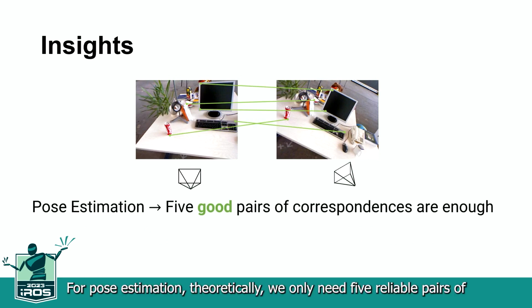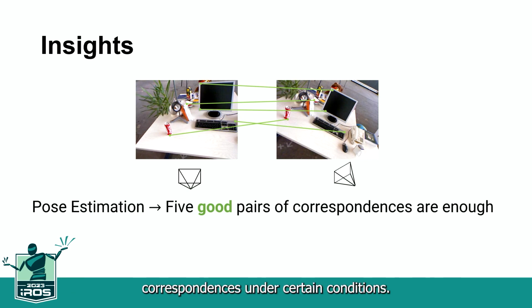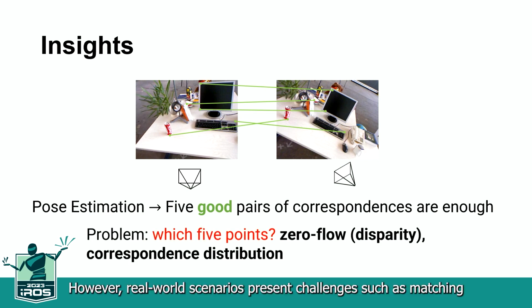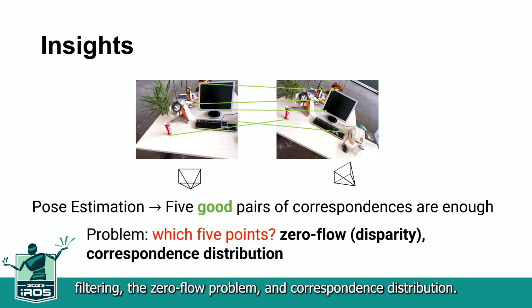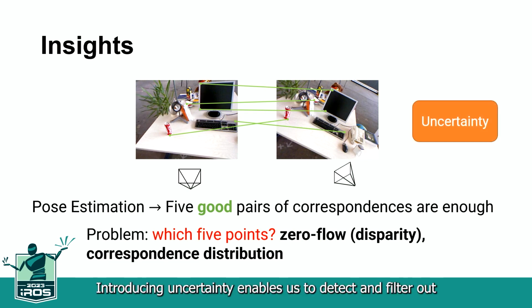For pose estimation, theoretically, we only need 5 reliable pairs of correspondences under certain conditions. However, real-world scenarios present challenges such as matching filtering, the zero-flow problem, and correspondence distribution. Introducing uncertainty enables us to detect and filter out ambiguous matchings, thereby enhancing accuracy.